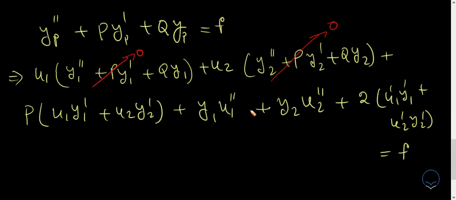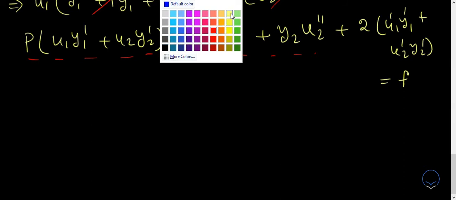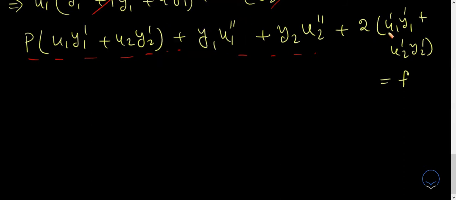And now from these lines you can combine some of these terms, that is here you will have 2 times u1 prime y1 prime and 2 times u2 prime y2 prime, right? But what you can do is keep one of them outside this bracket and pull some of the terms inside. Let me write it down so that it's more clear.